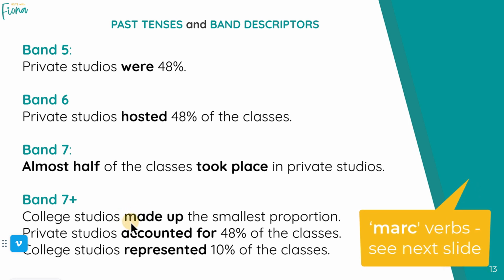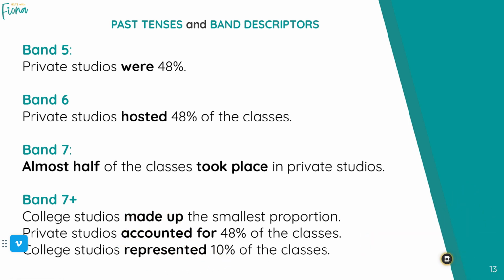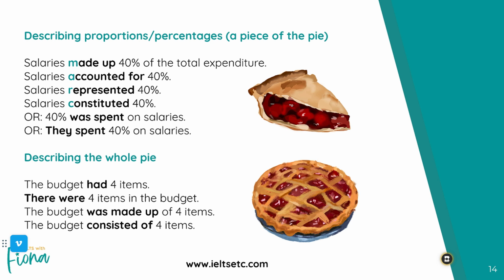MARC stands for M, A, R and C. M is made up, accounted for, represented. And they're all again on that next slide, where I've talked about this before in a separate video. If you can memorize M, A, R, C, they provide a lot of variety when you're describing pie charts.